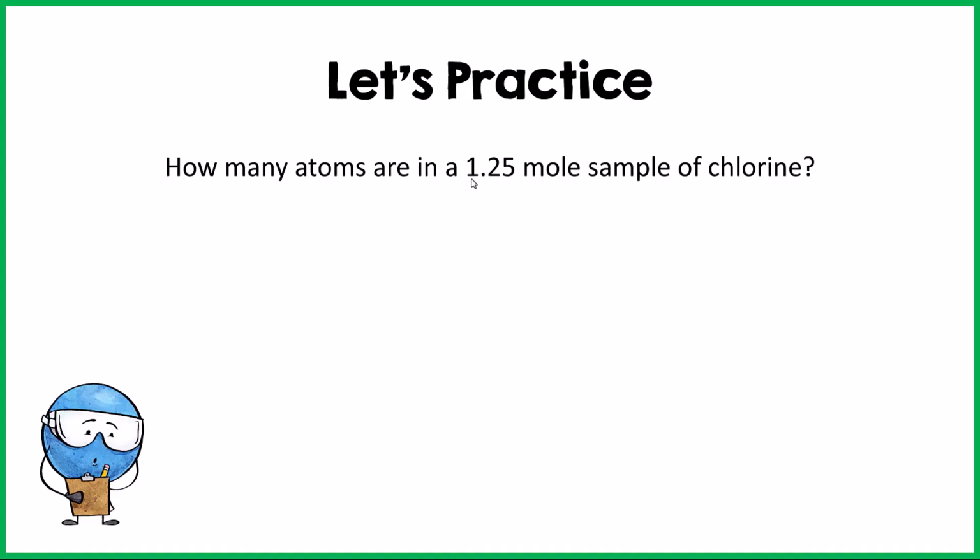So we're going to start with the 1.25 moles of chlorine. Use your conversion factor so that the moles will cancel out, and then multiply across and solve using your 3 sig figs for 1.25. So pause the video, try it on your own, and then come back and check your answer.